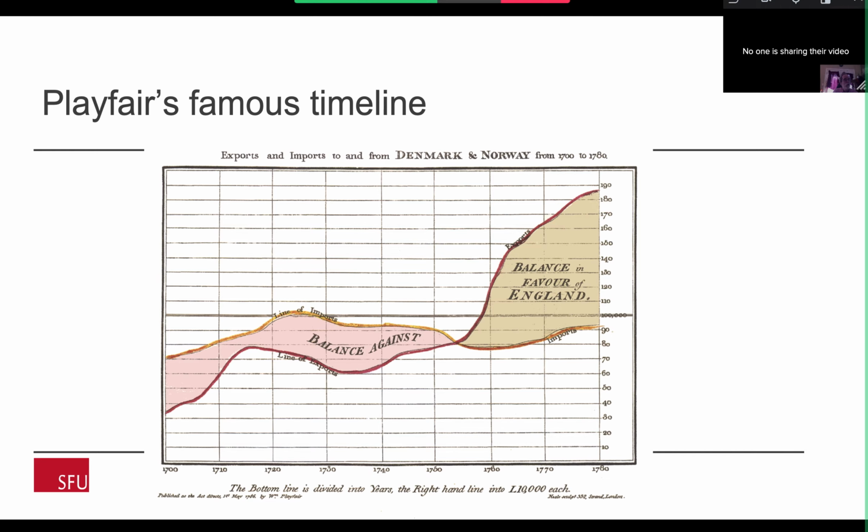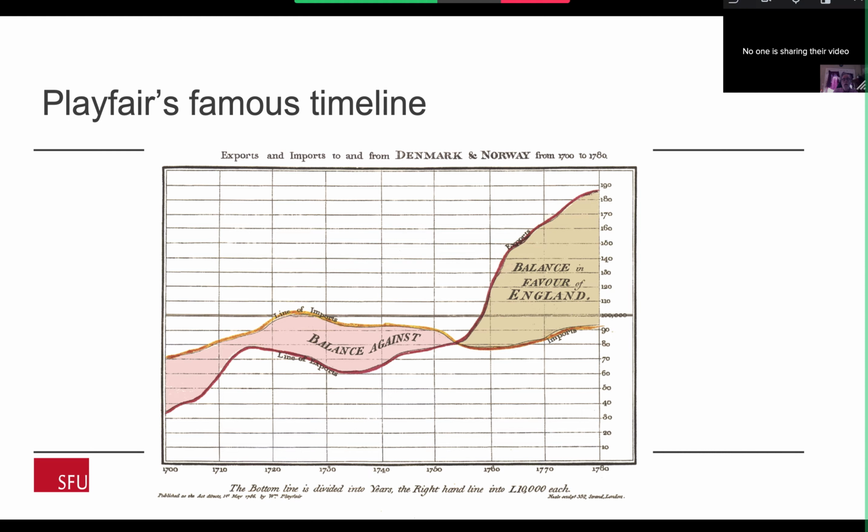He was an economist, and what he's doing here is plotting the total pound value, English currency value, of imports, that's the orange line here, and exports, which is the reddish-purplish line. And what he's doing is plotting the interval in between, which is the balance of trade expressed in monetary quantities.